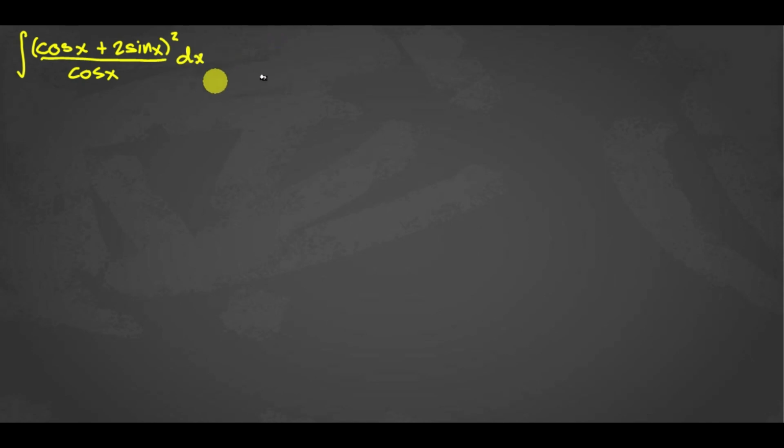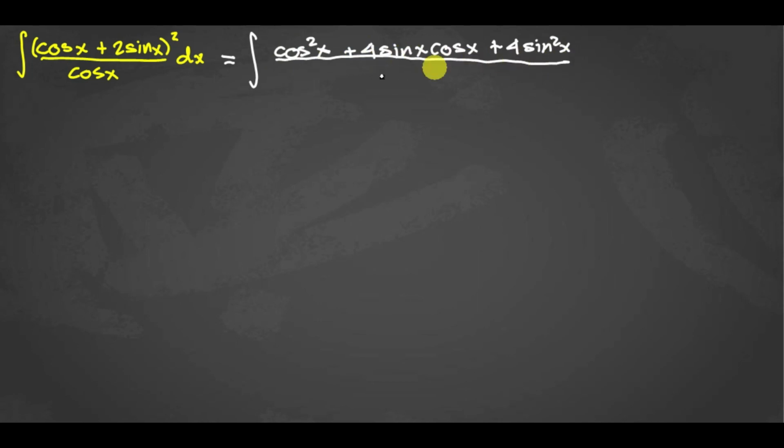Now we could evaluate this integral by expressing first the group in the parentheses, and this is equal to the integral of (cos²x + 4 sin x cos x + 4 sin²x) all over cos x dx. We need to simplify first before we evaluate each term with integral.